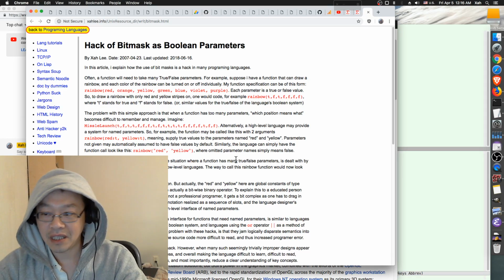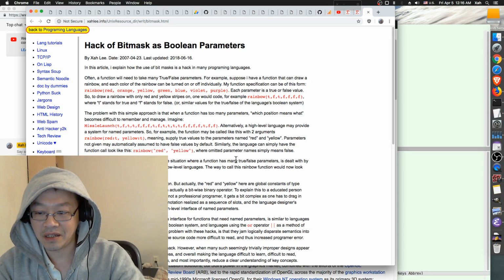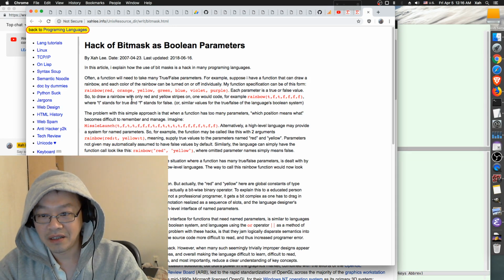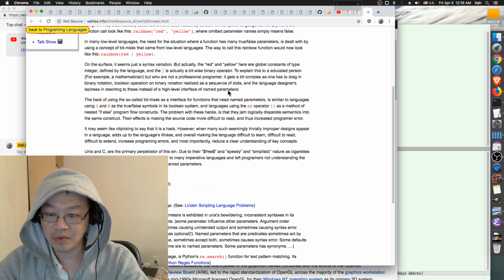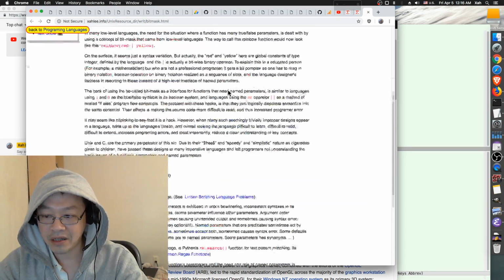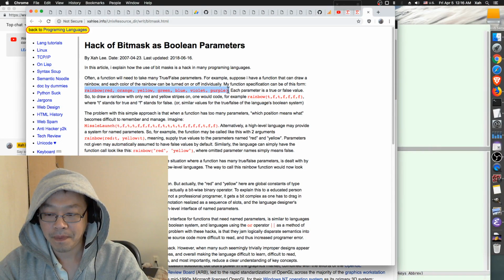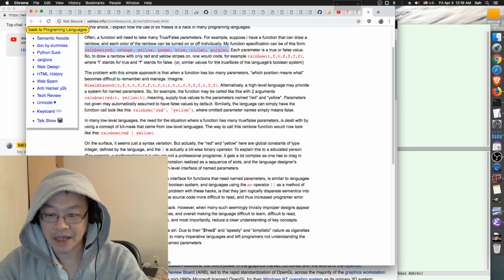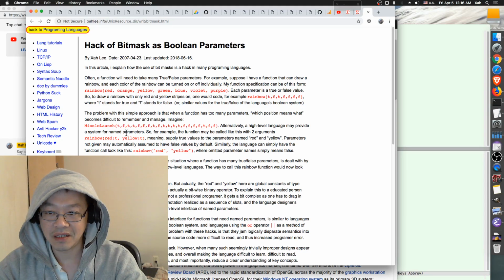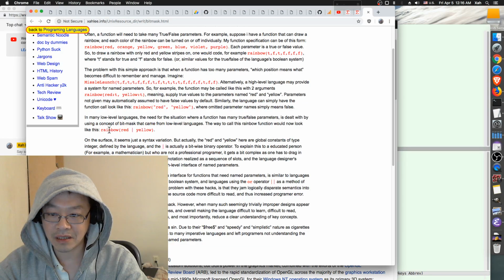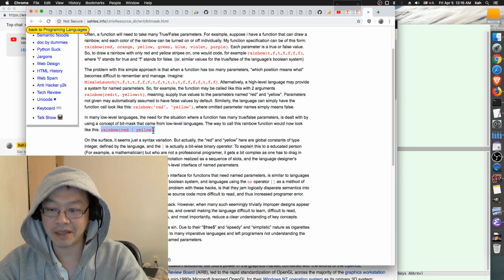Now in the C programming language as well as in Python, you'll find this kind of thing. Basically, when you have a function and you have lots of parameters, you will see a syntax like this. It's called Boolean bitmask.